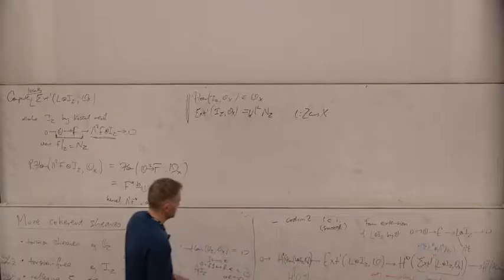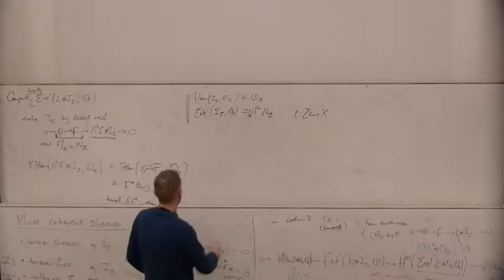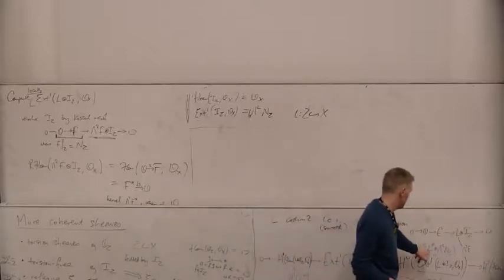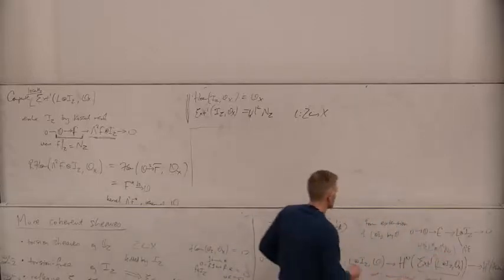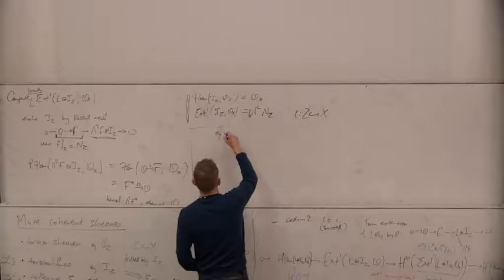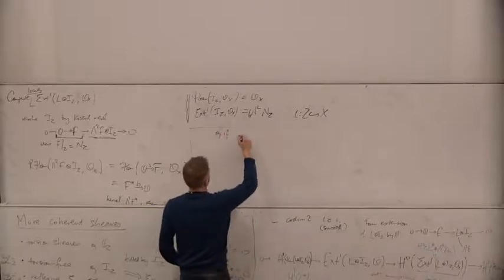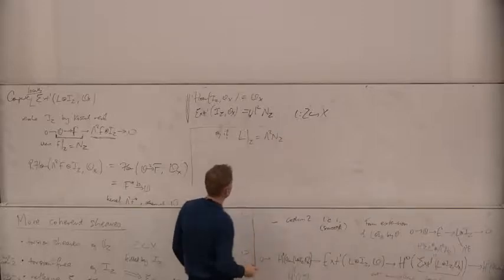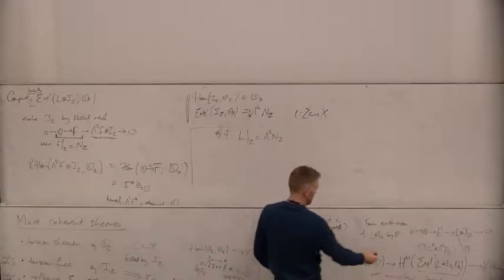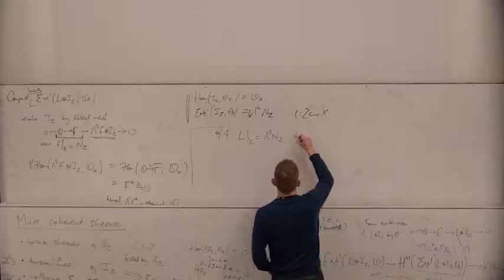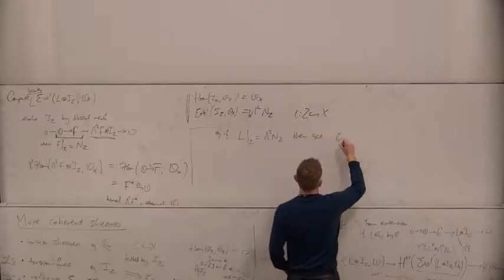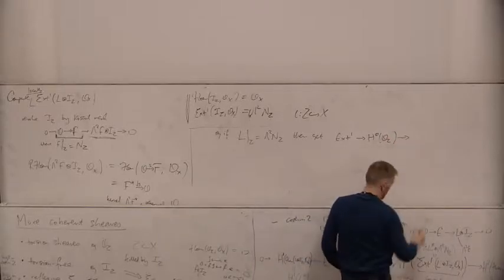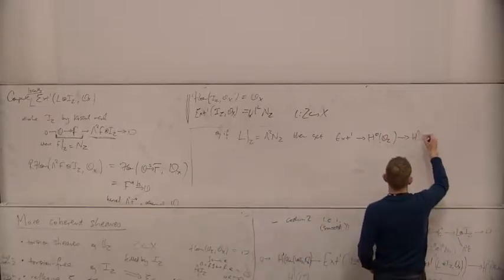Now, the case we discussed last time was where L restricted to Z was wedge 2 of the normal bundle. So, e.g., if L restricted to Z is wedge 2 of the normal bundle, then we get Ext^1 goes to H0 of O_Z goes to H2 of L dual.